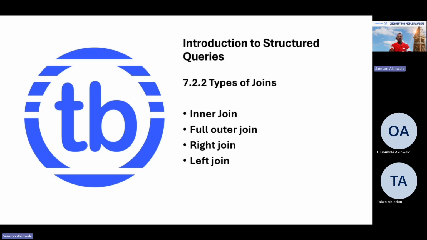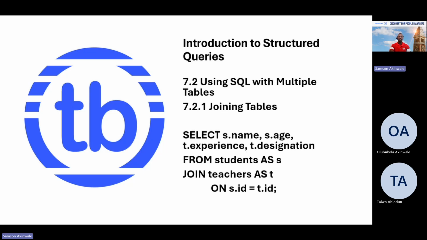So today we are going into types of join, just like we've seen in the previous session. When you are pulling out data from more than one table, then you employ the use of join.